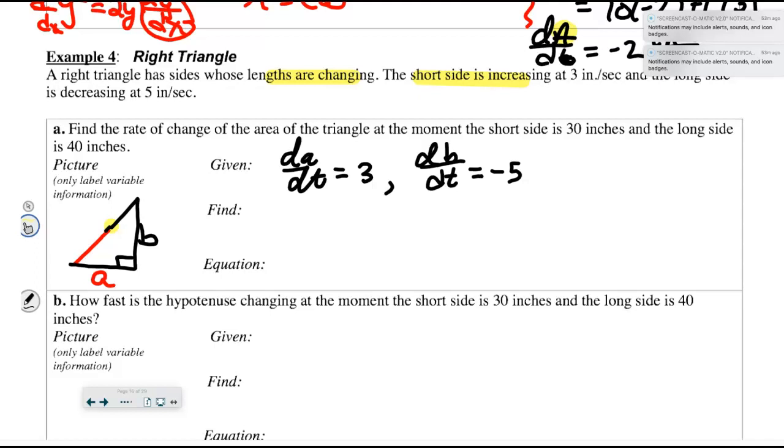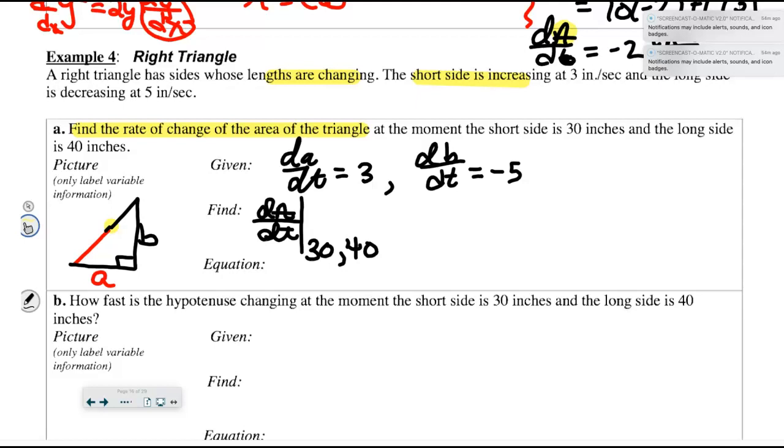This one says I'm supposed to find the rate of change of the area, so again, might as well call that dA dt so I don't lose track of what I'm finding. I'm going to stop this when the short side has grown to 30 and the long side 40. All right? And my equation that relates the two.